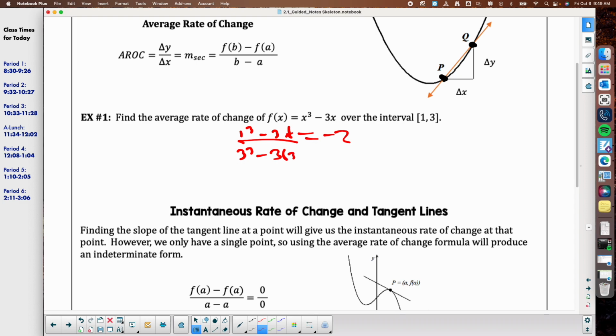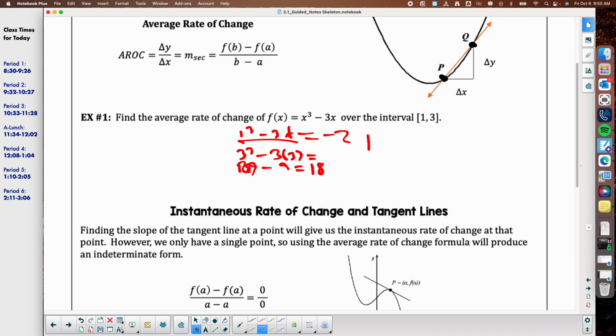I was just thoroughly impressed you didn't even know what problem we're on, and you came right up to do it. 18. The answer's 18. Okay, got it. 27 minus 9. That makes sense.